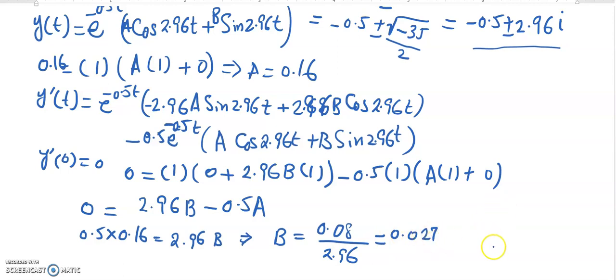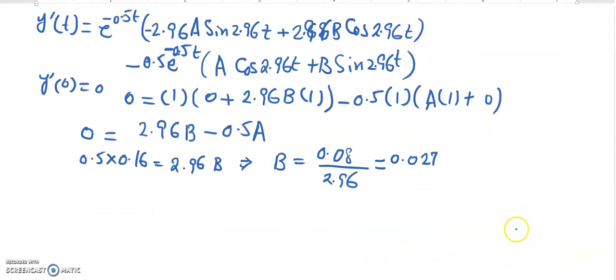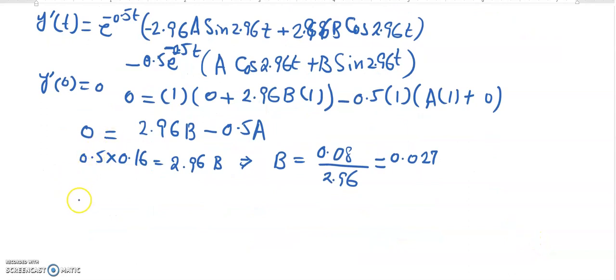So now we have all the values to write the solution of the equation.